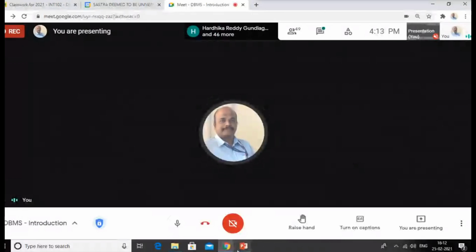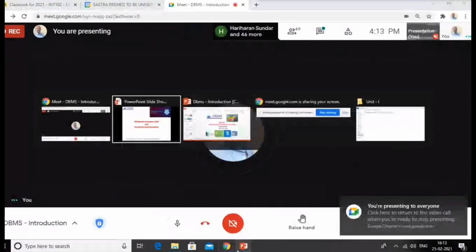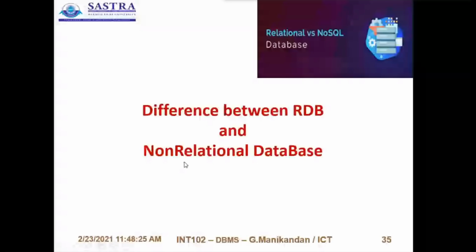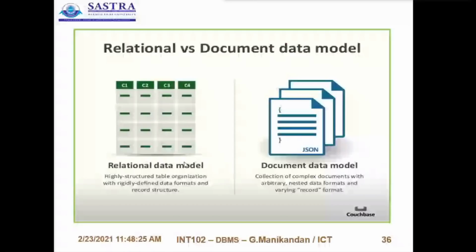The difference is, for certain applications, it is not possible to store the data in a tabular format. In that case, we will store the data in some other format, for example in the form of a document. If you take CouchDB, the data will be stored in the form of a JSON document, JavaScript Object Notation.